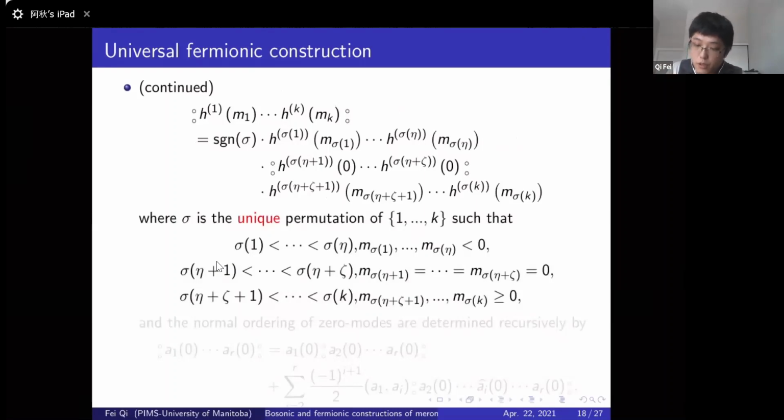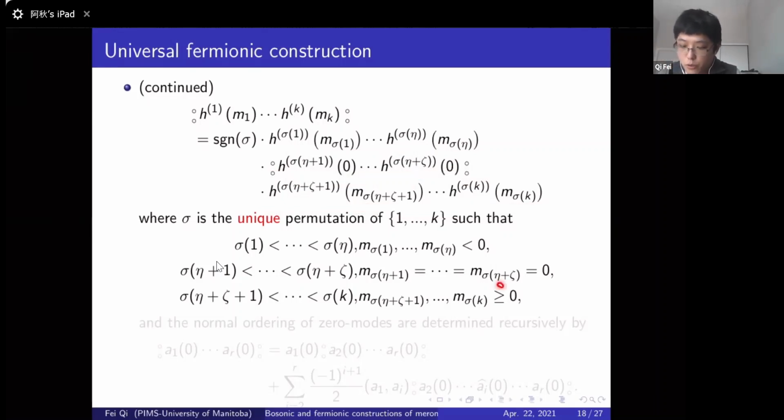So we want the negative modes in the front, the 0 modes in the middle. But notice that the 0 modes have to go through a normal ordering procedure. And finally, positive modes at the rear.